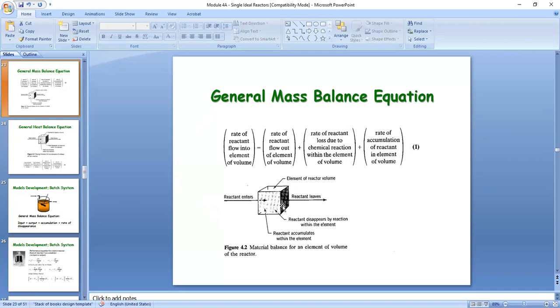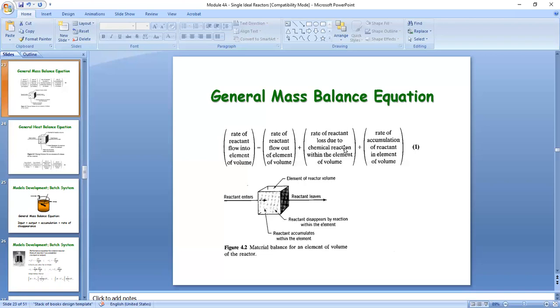So notice, class, that you don't only say that the amount that goes in should be equal to the amount that goes out. There is already an amount that has been converted, and that is the amount that is accounted for here in the second term on the right. The rate of reactant loss due to chemical reaction. So you cannot account for it in the reactant that leaves your system because it was already converted. So that needs to be accounted for.